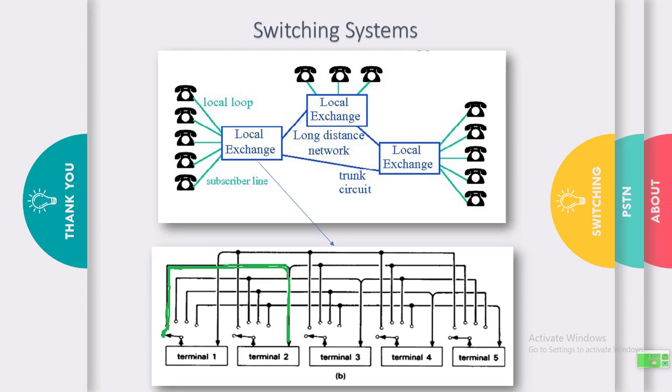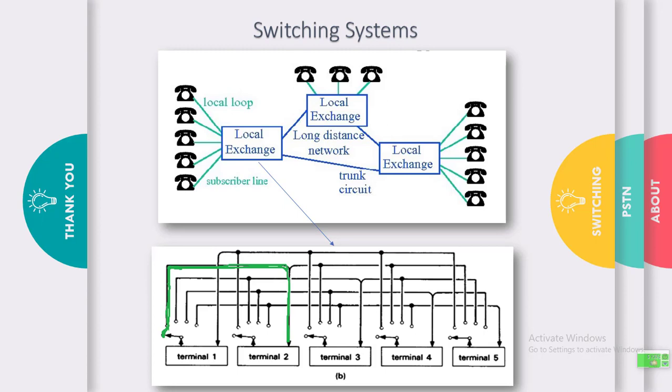For example, if you look at the first connection from the left-hand side of terminal 1, you can see that this line ends at terminal 2 with an arrow. That is the green line. So, if terminal 1 wants to communicate with terminal 2, then it uses the first line of terminal 1 using a switch.